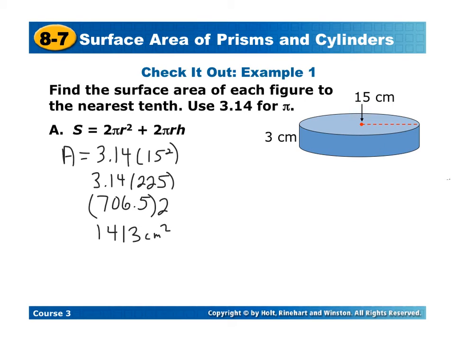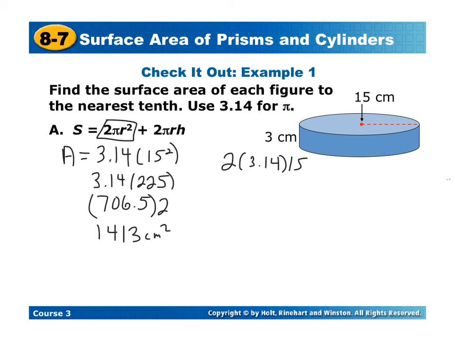So I've got that first part of our formula done. So now I'm going to look at finding that lateral surface area again. So I'm going to take 2 times 3.14 times our radius, which is 15.